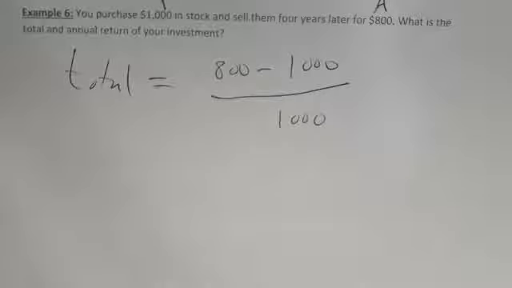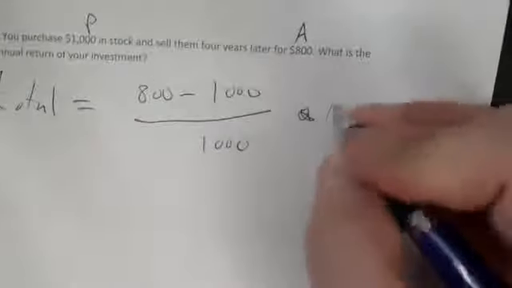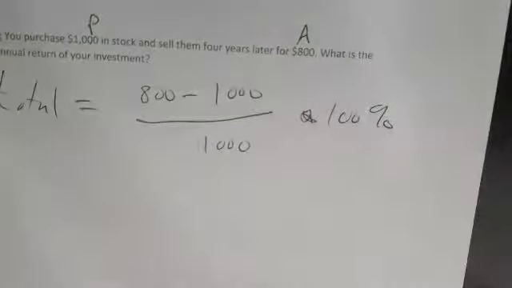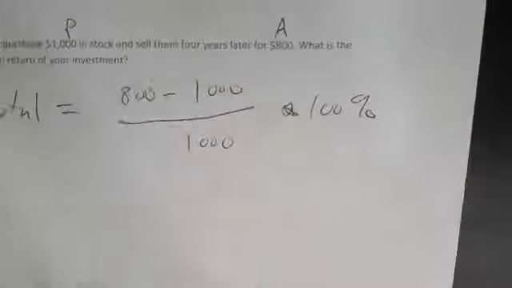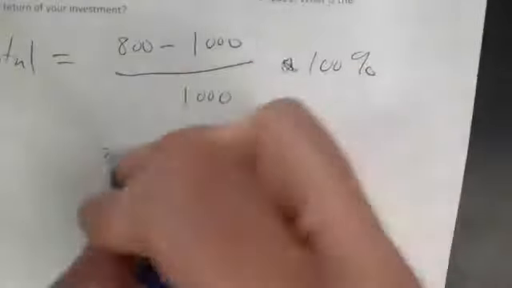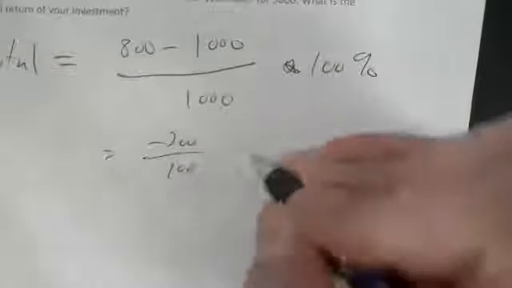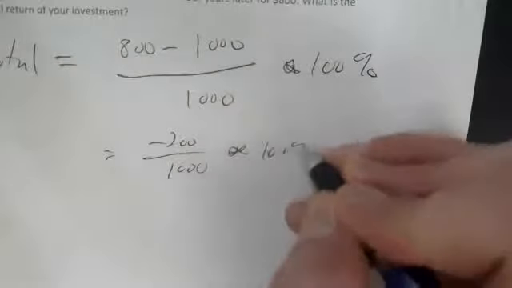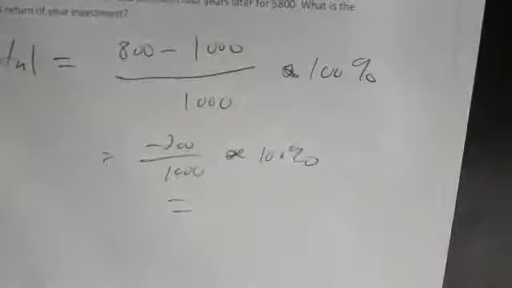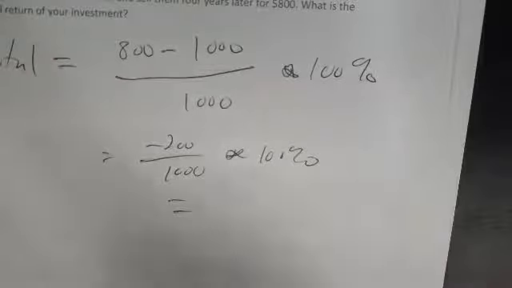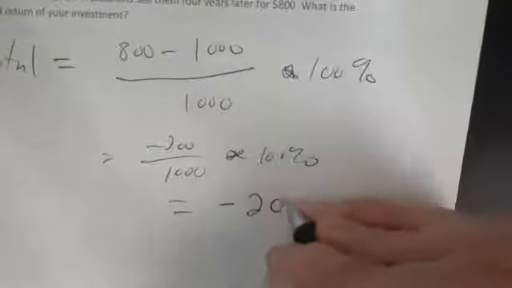Okay. So it might be possible that our total return is going to be a negative number. We're going to get minus 200 over 1,000. Convert that to a percentage. It's going to give me minus 0.2, which is 20%.